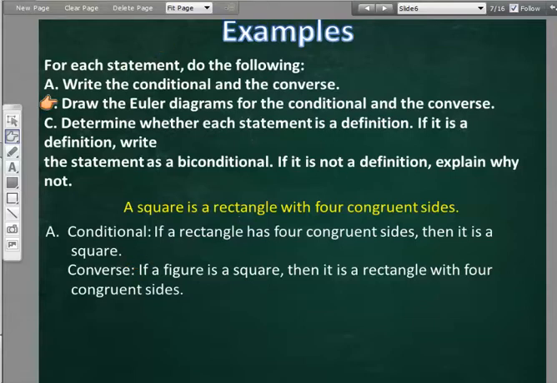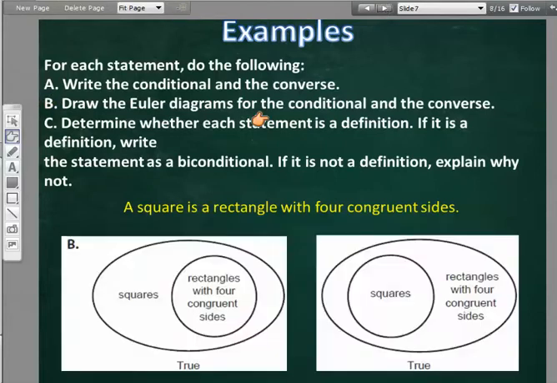Okay, part B says draw the Euler diagrams for the conditional and the converse. So here's our Euler diagram. We've got to remember our conditional statement. If they are rectangles with four congruent sides, then they are squares.